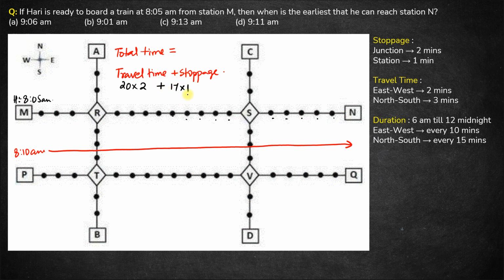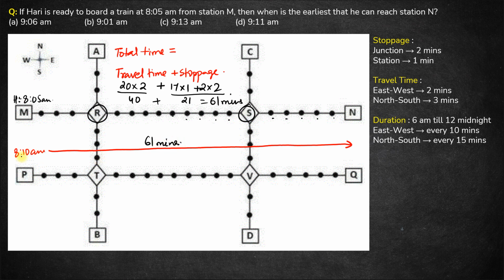So total stoppage time is 17 minutes. And then you have 2 junctions, and at each of these 2 junctions the train will stop for 2 minutes each. So total stoppage time will be 4 minutes. So the total time taken is stoppage time of 4 plus 17, 21, and the traveling time of 40. 40 plus 21 is 61 minutes. So the total time taken to go from M to N is 61 minutes.